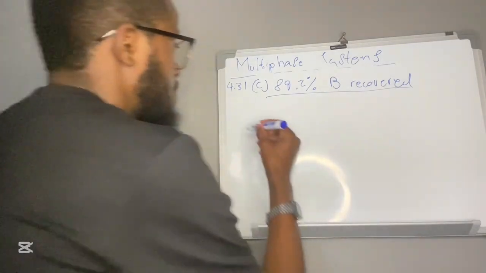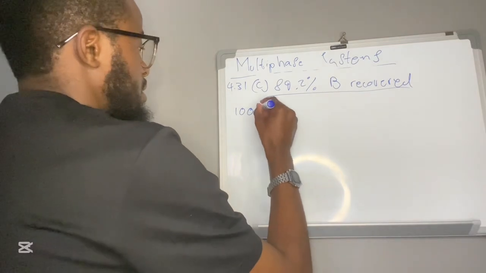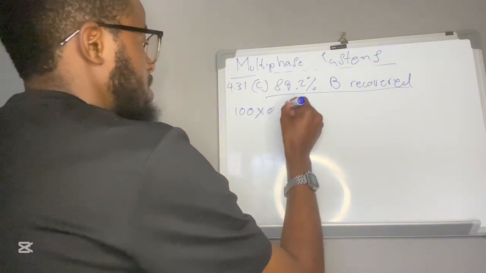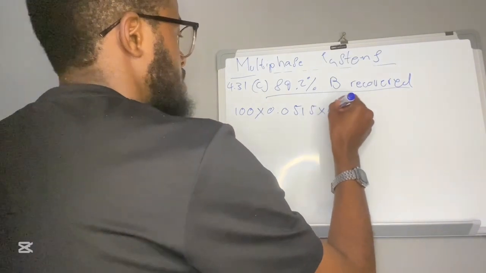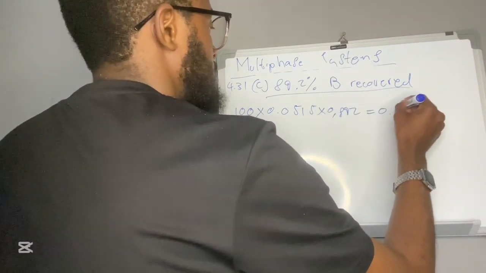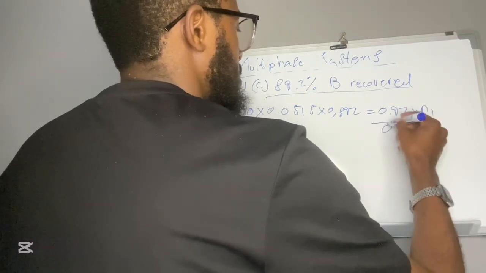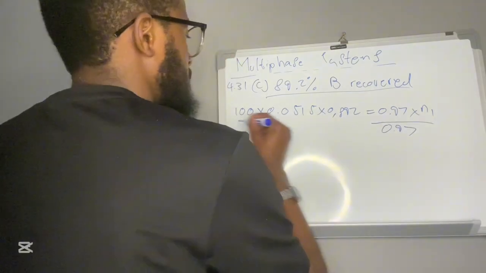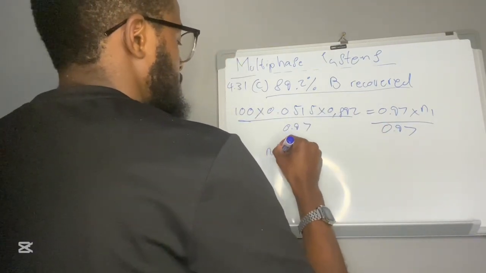We said 100 mole times 0.0515 times 0.892 equals 0.97 times N1. Then you divide all this, and you find your N1.